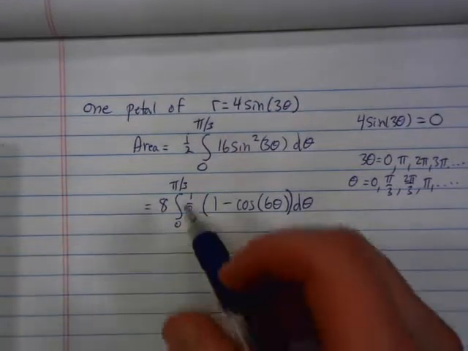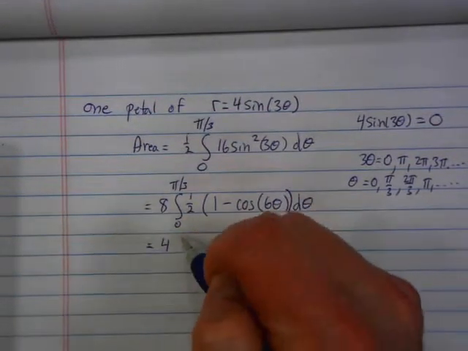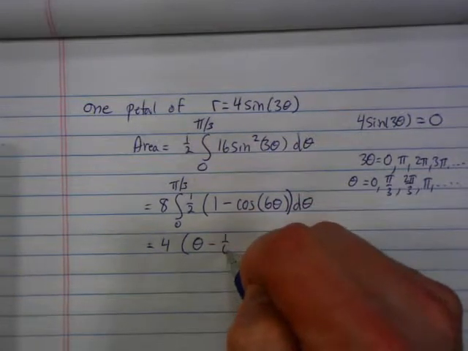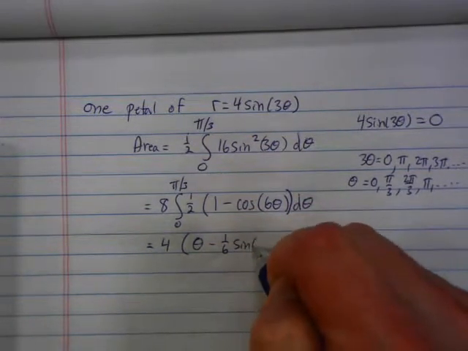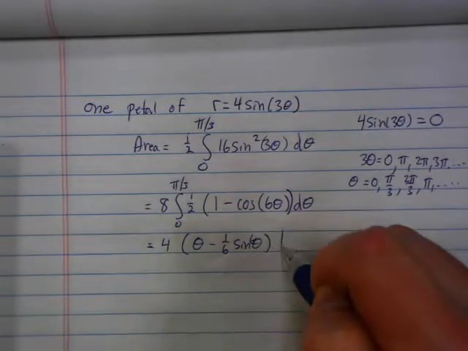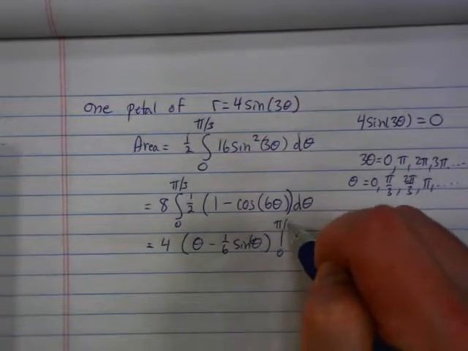8 times 1/2 is 4, times, I integrate, I get theta minus 1/6 sine 6 theta, I'm sorry. And then I got to plug in 0 and pi over 3.